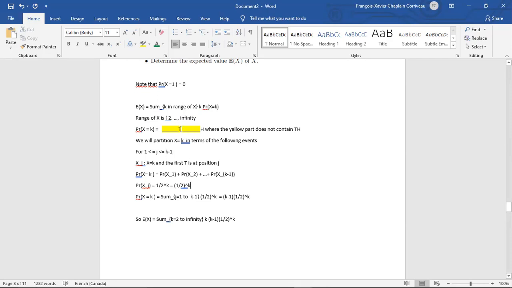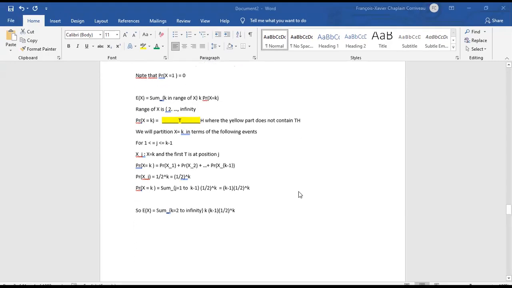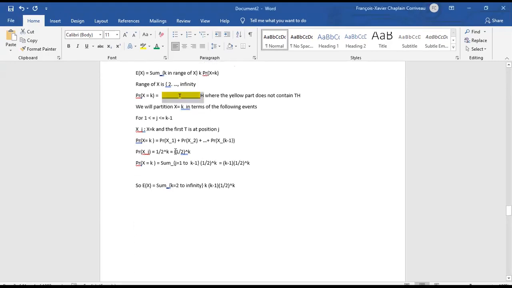So I have one sequence out of the 2 to the k ones that give me what I want, right? This is fixed, this part is fixed. So everything is fixed in that sequence. So it's one sequence out of all the sequences of length k. So again, it's one sequence out of 2 to the k ones.